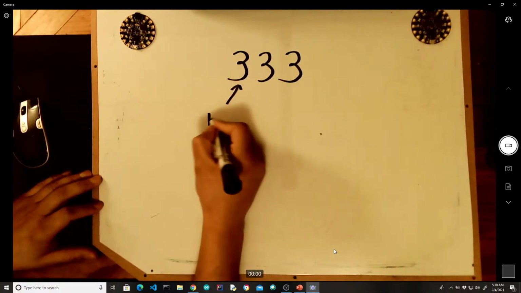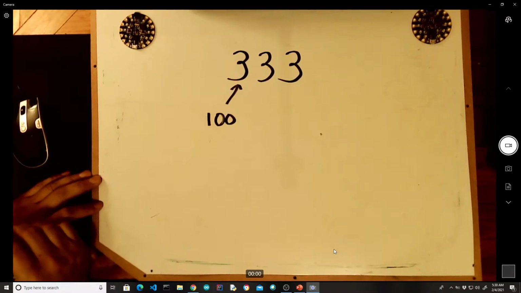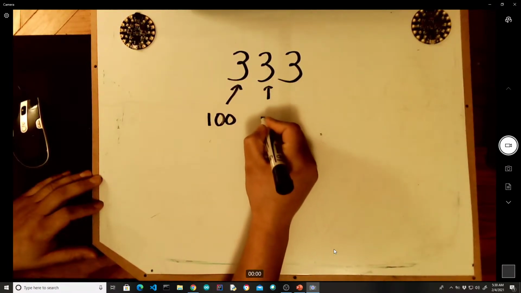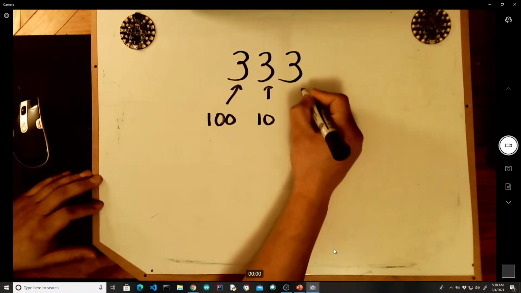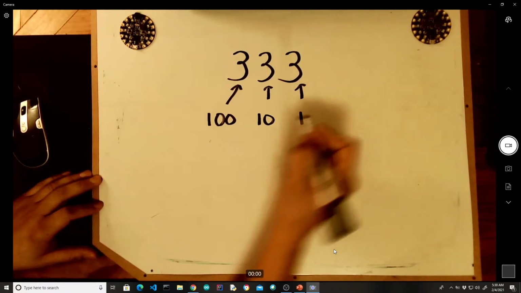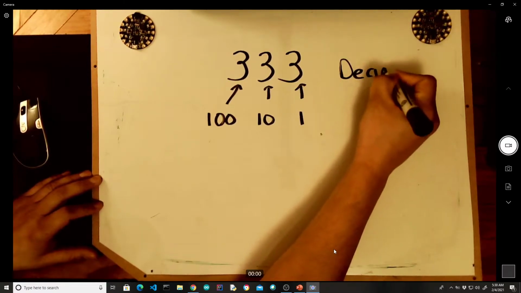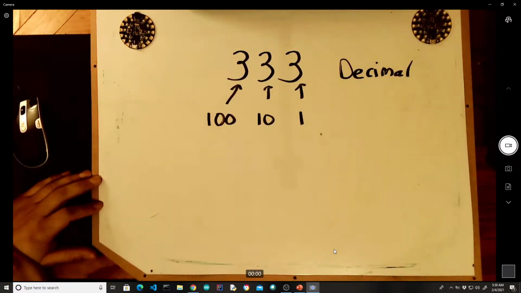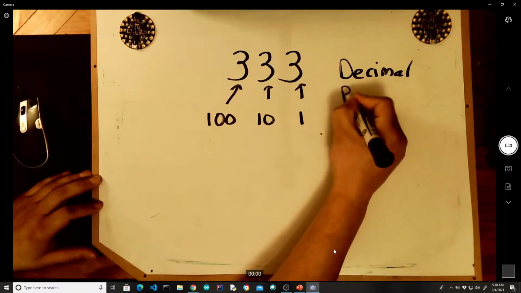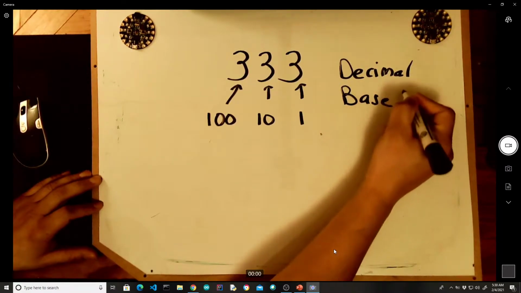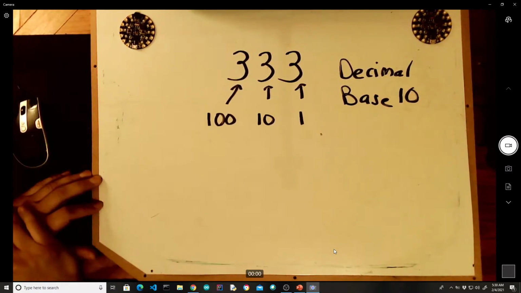So we know that this is called the hundreds place, this is called the tens place, and this is called the ones. Now we're talking about our number system, the decimal number system, which can also be called a base 10.